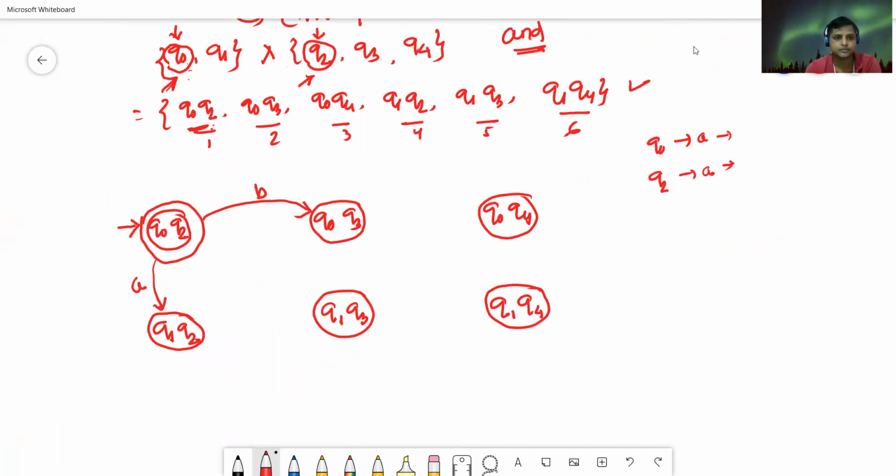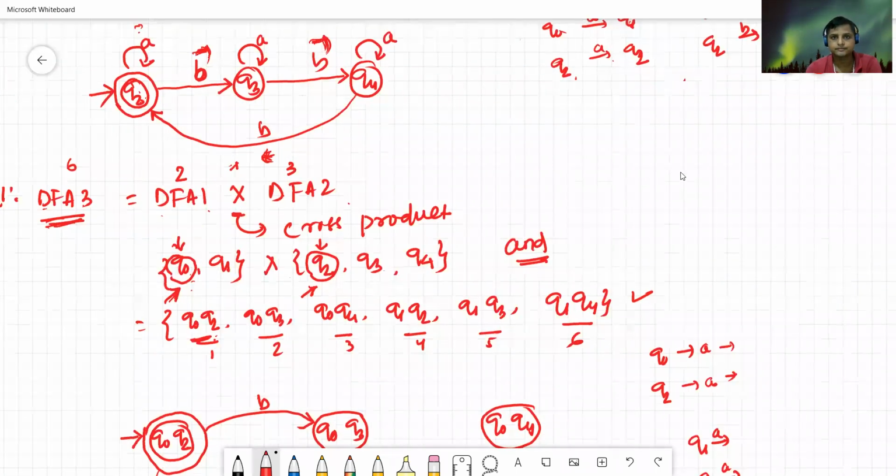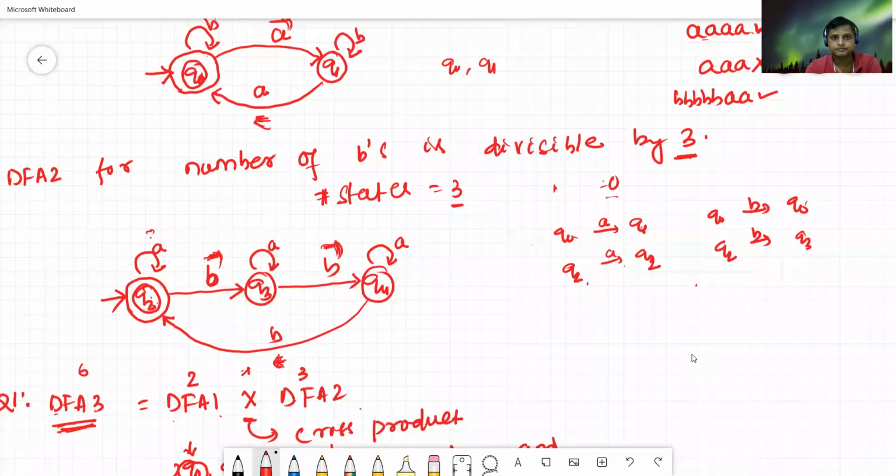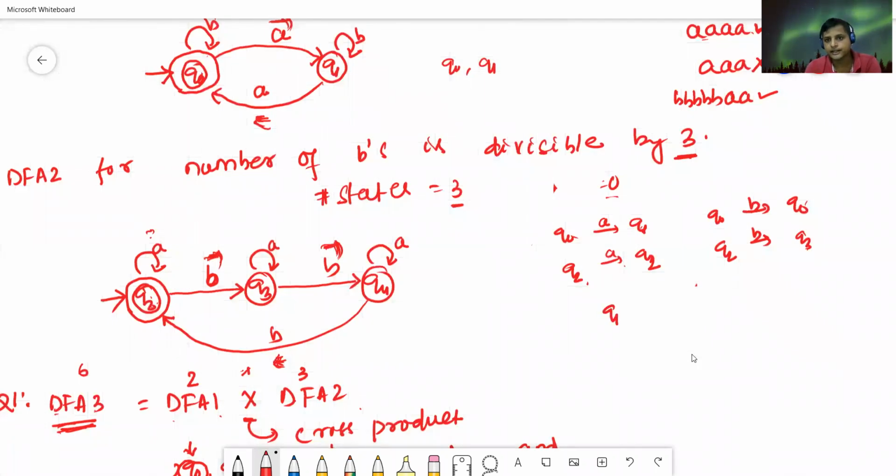Now we'll check, suppose, for Q1, Q2. Q1 reads A, goes to Q0.